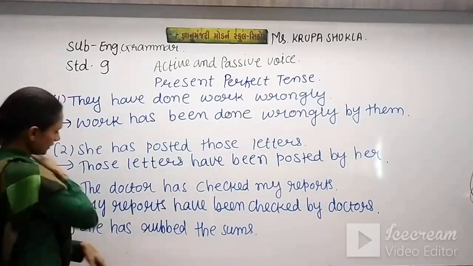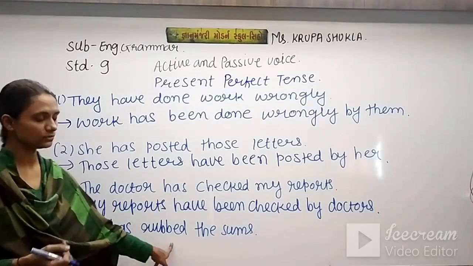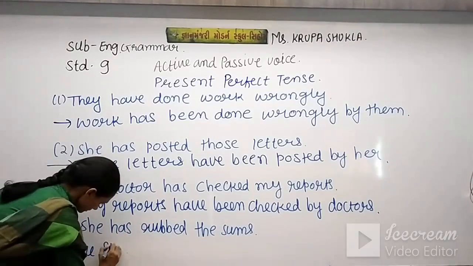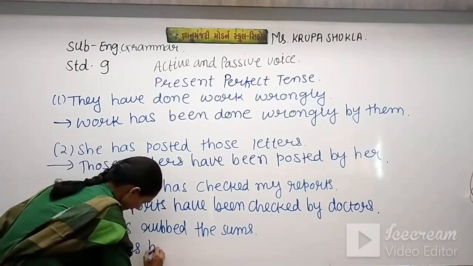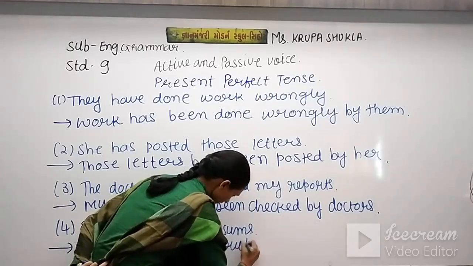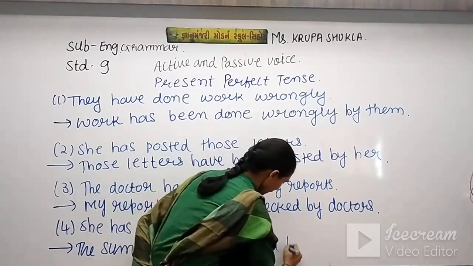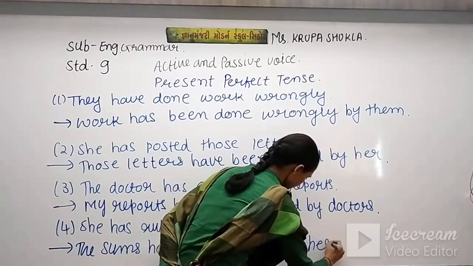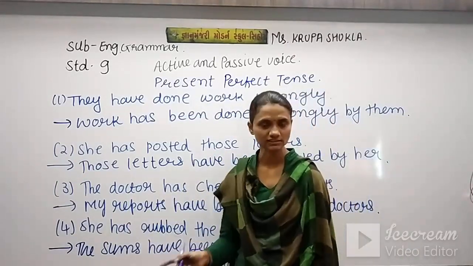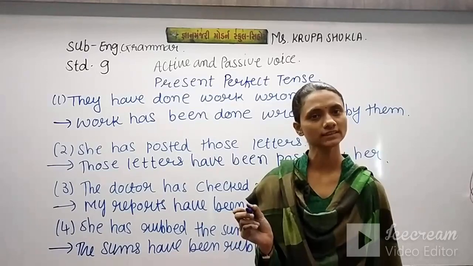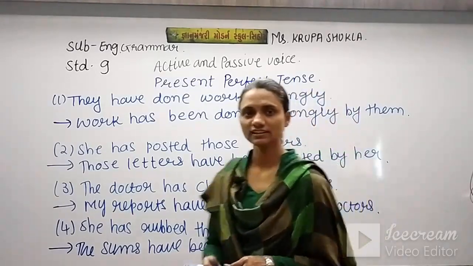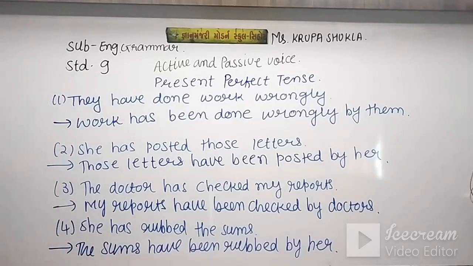Number 4 is, she has rubbed the sums. The sums have been rubbed by her. See, when you have plural form in the subject, at that time you have to use have, not has. Okay, note down these 4. After that I'll give you homework. Please note down.